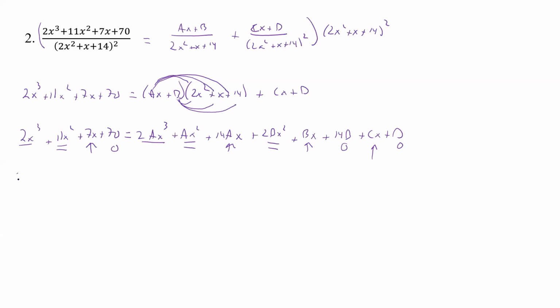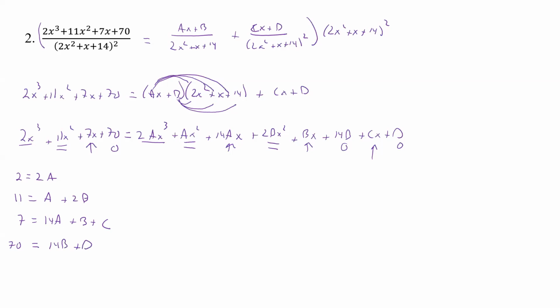So this one says 2 = 2a. This one says 11 = a + 2b. And the next one says 7 = 14a + b + c. And our last one, 70 = 14b + d.